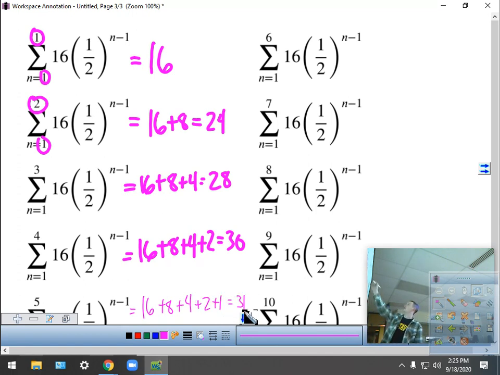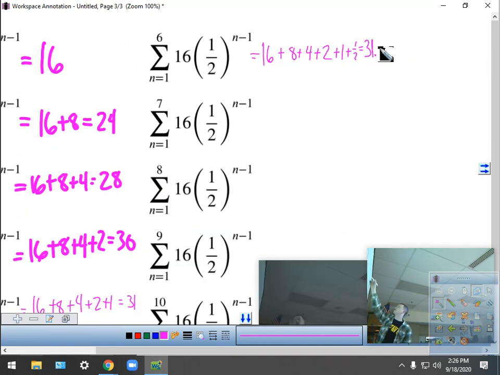Okay. So still increasing, everything's going fine. Keep going. 16 plus 8 plus 4 plus 2 plus 1 plus 1/2. Okay, so now I get 31.5. Okay, and then I'm going to keep going.